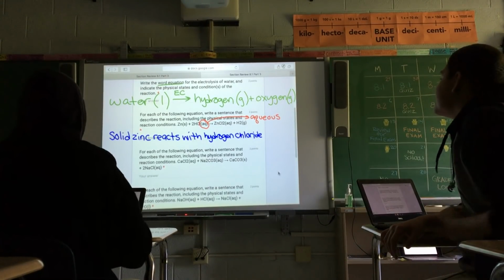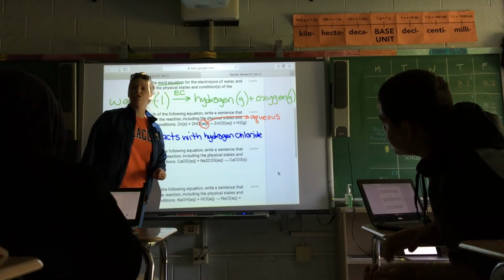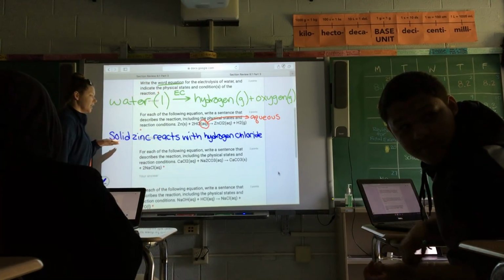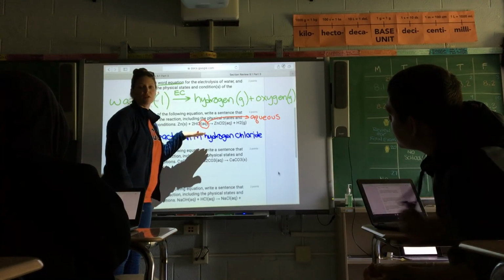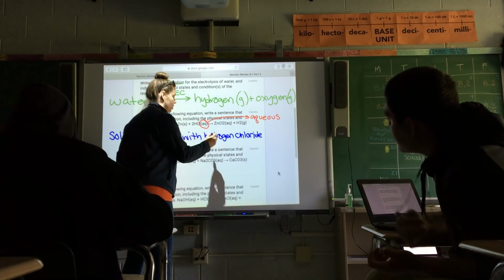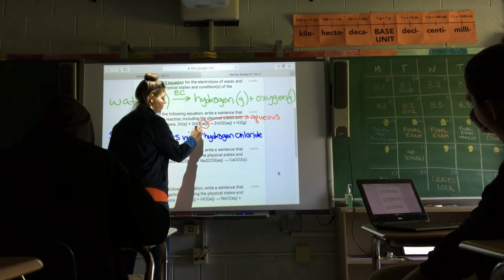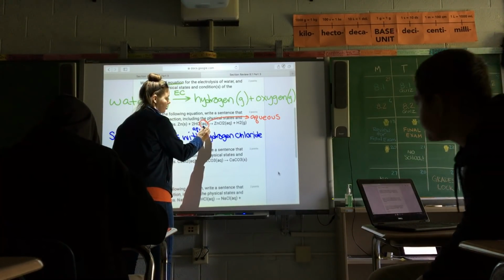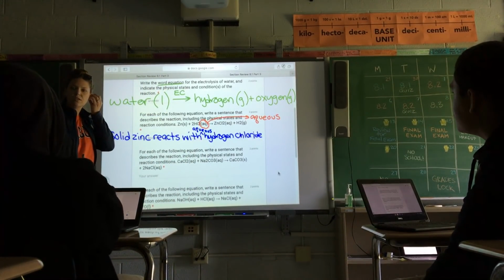So AQ stands for aqueous. Just like we did for solid zinc, you can put aqueous right in front of hydrogen chloride. So we'll put a little arrow here since I skipped it. Does that make sense?